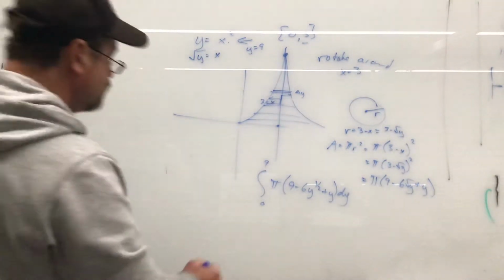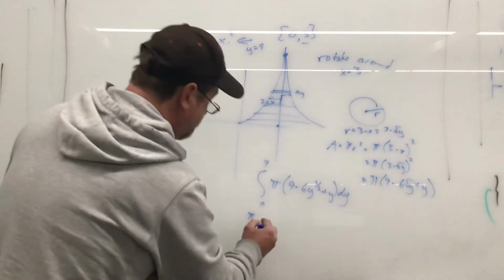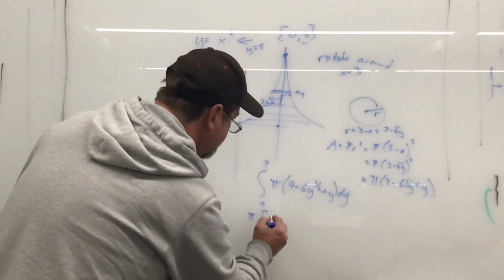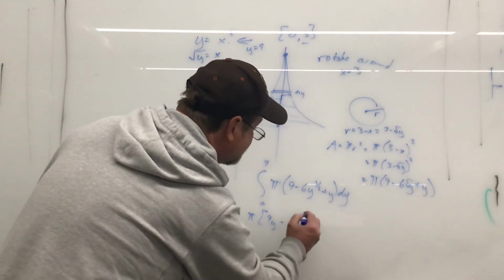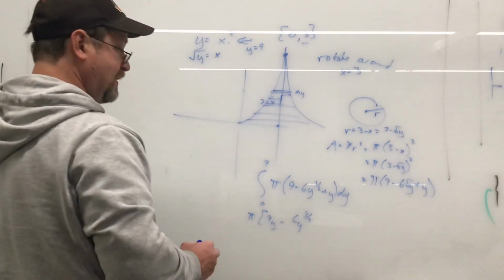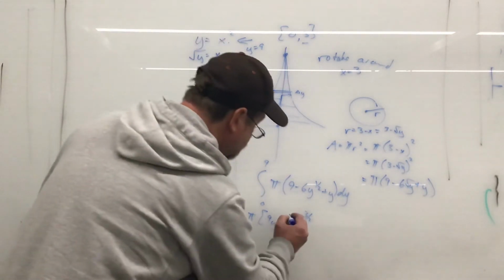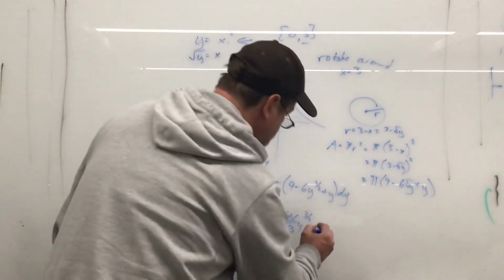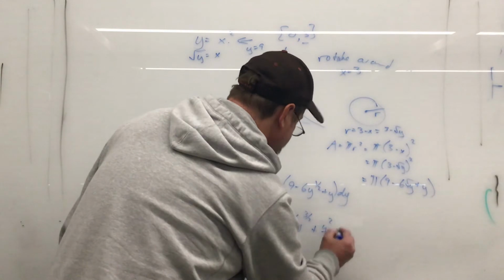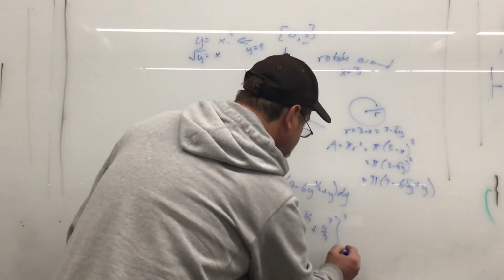Now I can actually do this. Raise the power by 1 and divide by it, I get things like 9y, 6y to the 3 halves. I can divide by 3 halves. That's the same thing as multiplying by 2/3. Y squared over 2. And into all of this, I need to plug in 9 and 0.